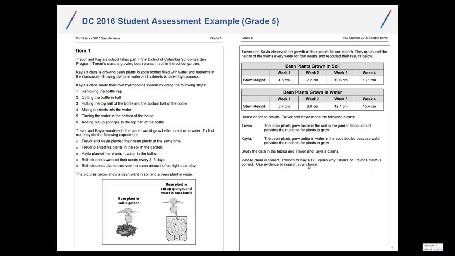Okay, so this is that claim evidence reasoning model of writing and scientific argumentation, but it requires students to use their own knowledge, to be able to develop and use what's in front of them here, and to be able to navigate a framework, a process for science here.